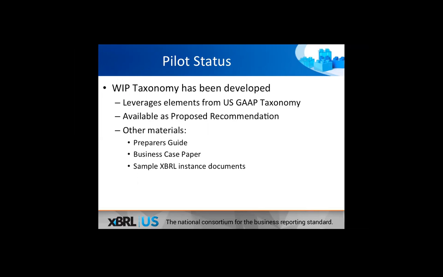It leverages elements from the US GAAP Taxonomy, which you'll see in a moment, and is available as a proposed recommendation. And really what that means is this group of advisory people, the sponsors and the people who have contributed their advice, have worked with XBRL US, and have come up with this taxonomy. We believe that this is the right taxonomy, but it is open for consideration and comments.